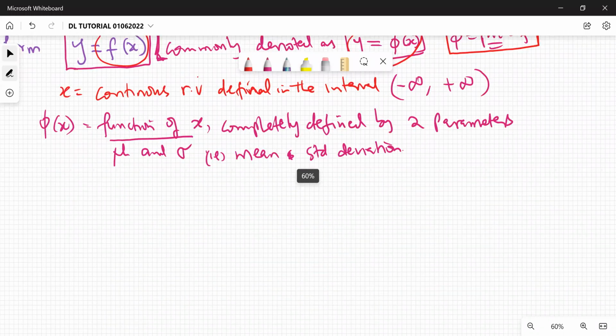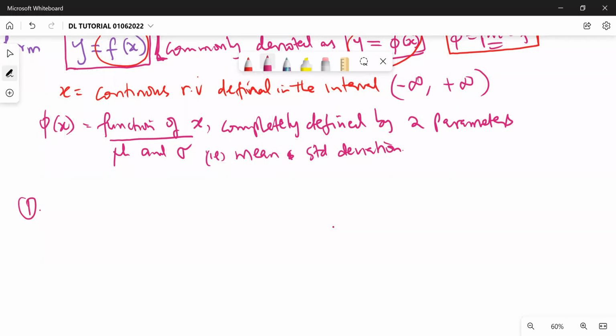The first property has something to do with the shape, where we say that the curve is symmetrical. It is also unimodal. And it is bell-shaped.